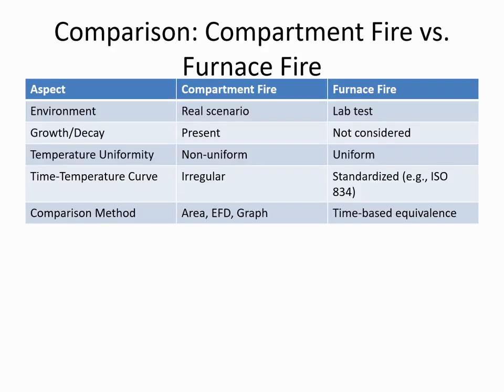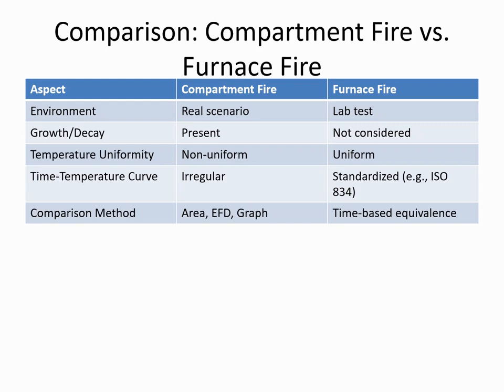Let's see the quick comparison between the component fire and the furnace fire. The environment of component fire is real world scenario. In furnace fire, the lab standard testing methods are followed. Second, component fire has three phases of fire. Here in furnace fire there are no phases. The temperature is non-uniform in component fire.